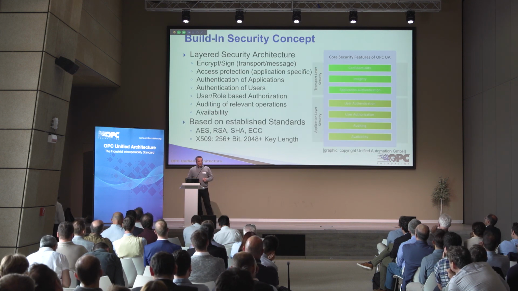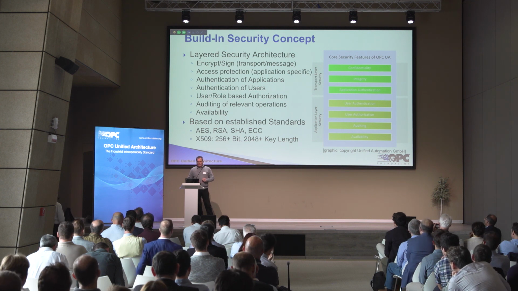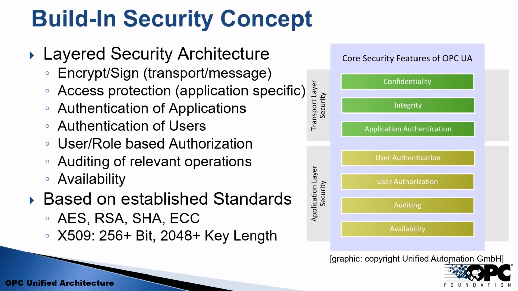We have the same concept of description with the security. We have the built-in security, and we divide that into application layer security and transport layer security. The transport layer provides confidentiality, so it's the encryption, and the signing for the integrity of the messages.